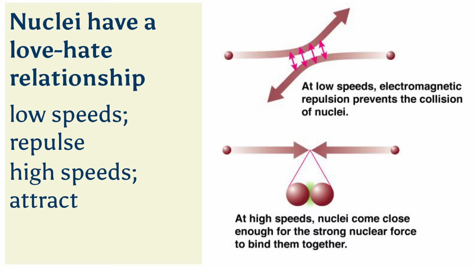Repulsion doesn't just mean that something's gross. They actually push each other away. They repulse one another. That prevents the collision of their nuclei. At high speeds, the nuclei come close enough that the strong nuclear force binds them together. So low speeds, repulsion; high speeds, attraction.